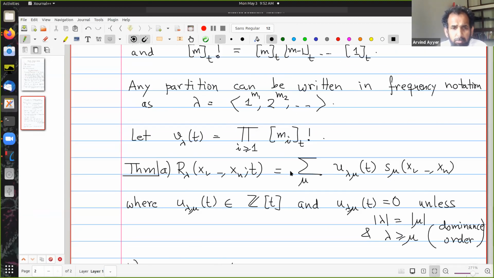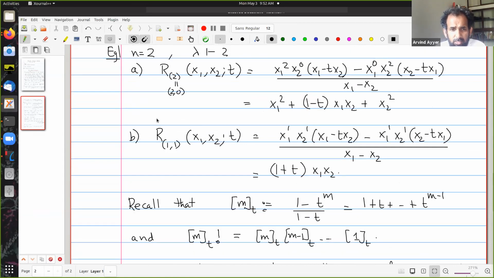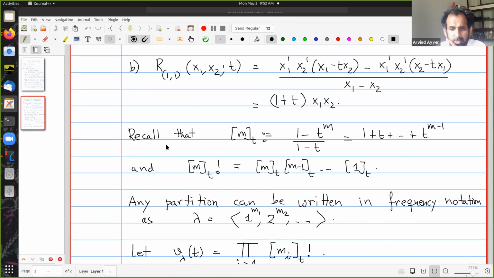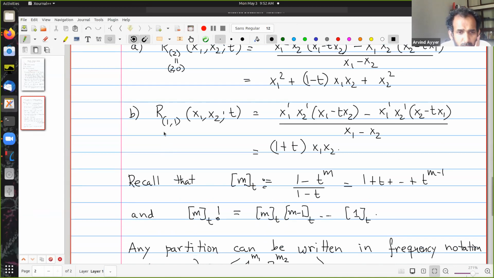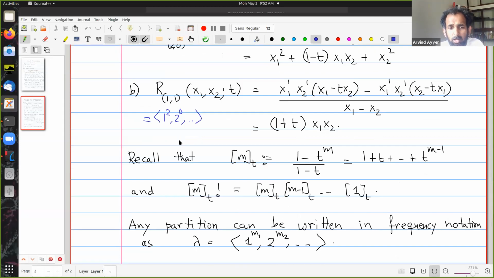Okay, so if you go above, let's look at this R11. What is v lambda of t? So here, this 1, 1 can be written as 1 squared, 2 to the 0, 3 to the 0, etc. Everybody else to the 0. And so I need 2 sub t, and this is just 1 plus t.